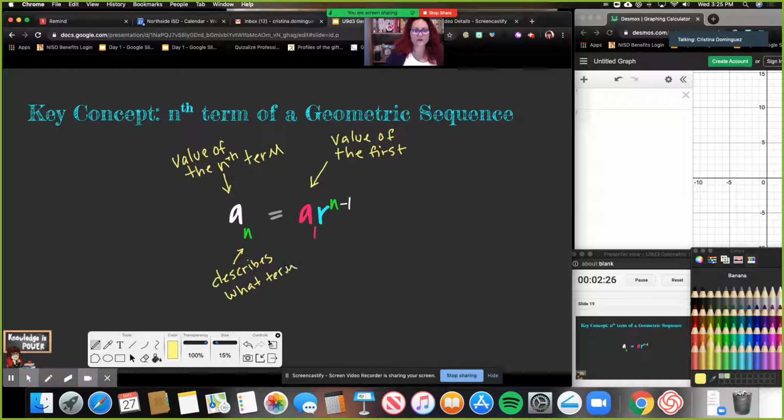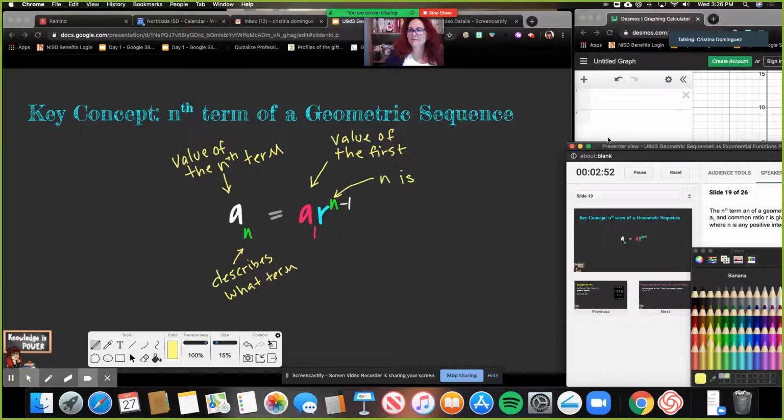We know that n is the number of terms, or the order in which it appears, the nth term.